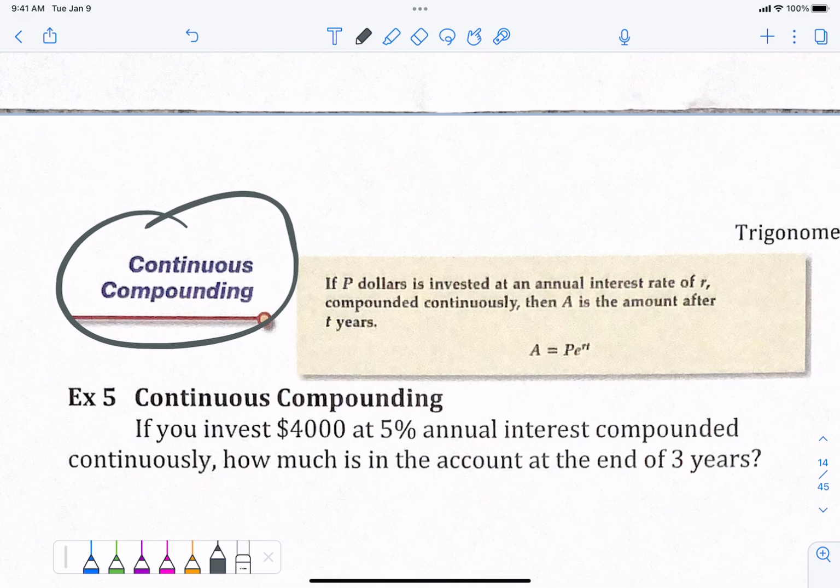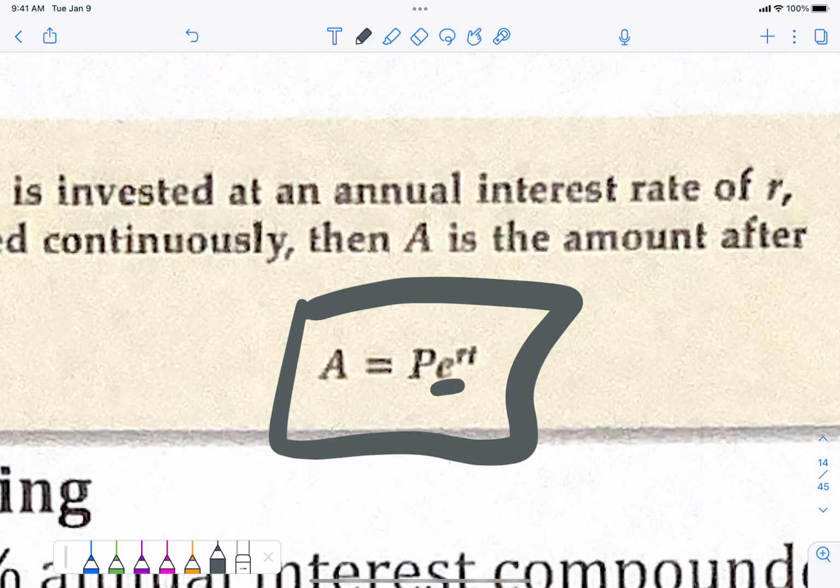Rather than doing every second and every minute and every millisecond and every fraction of a millisecond, we just do PERT. Using that letter E gives us a number that is so close to doing seconds and milliseconds. E takes the place of the 1 plus R over N part.